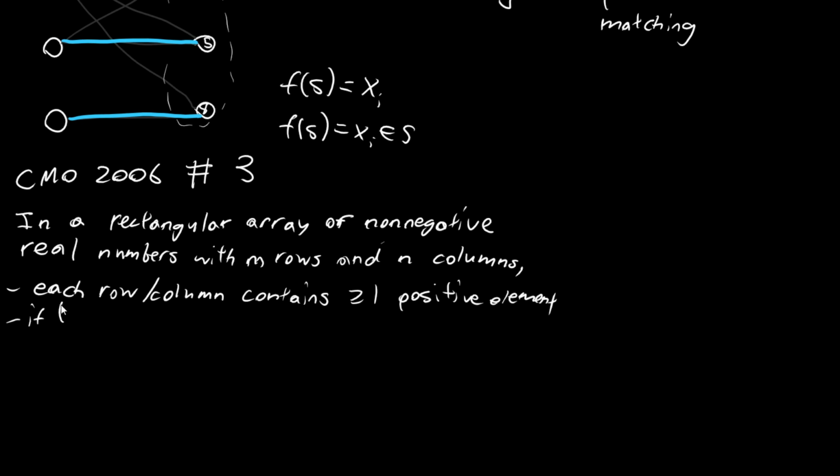So I'm going to say if (x, y), using some kind of coordinate system, is positive, then the sum of row x equals the sum of column y. And we want to prove that m equals n.